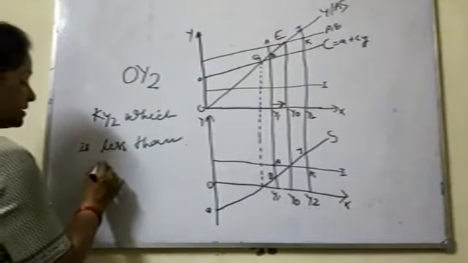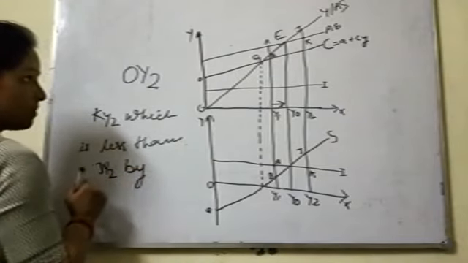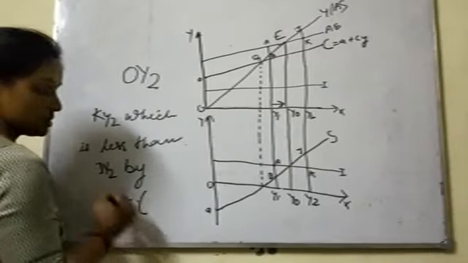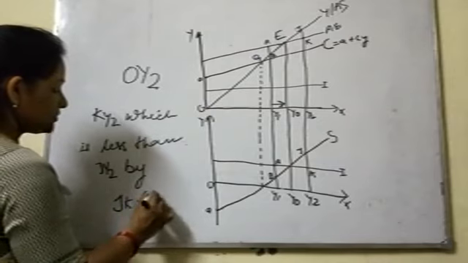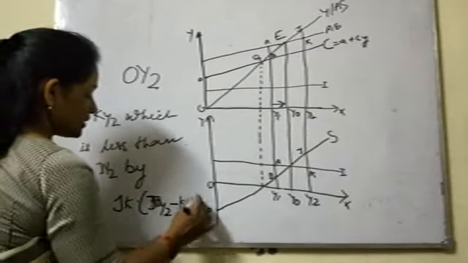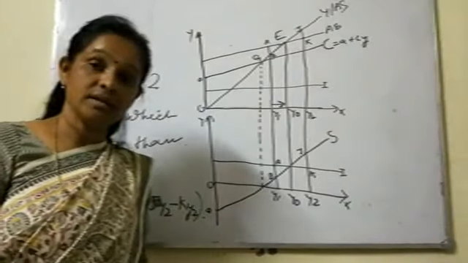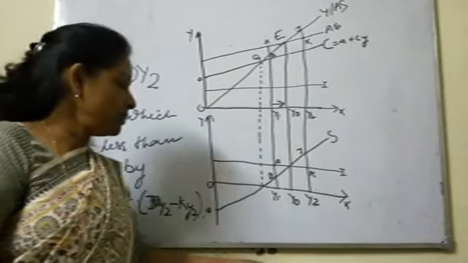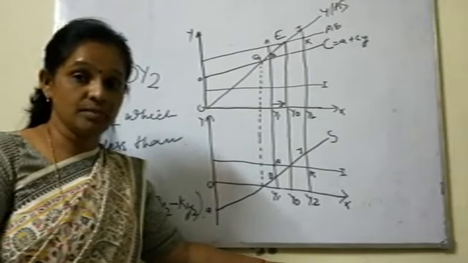Aggregate supply JY2 exceeds by how much amount? JK amount. And how are you getting JK? JY2 minus KY2. Full stop. Alright, then write, hence there is excess supply condition in the economy.